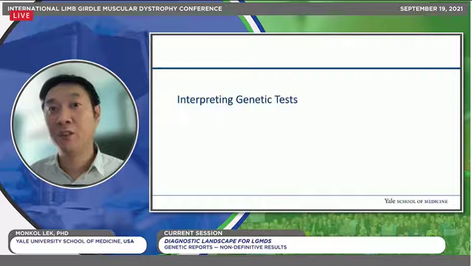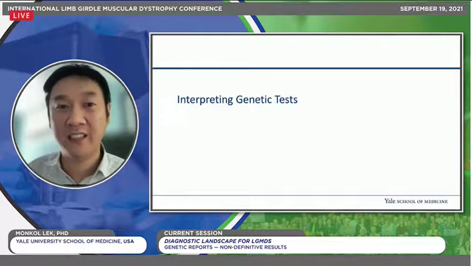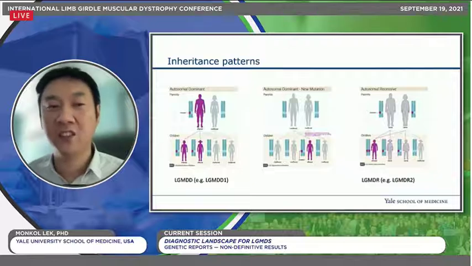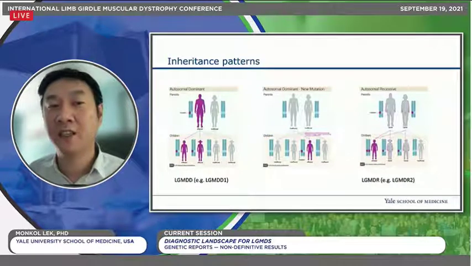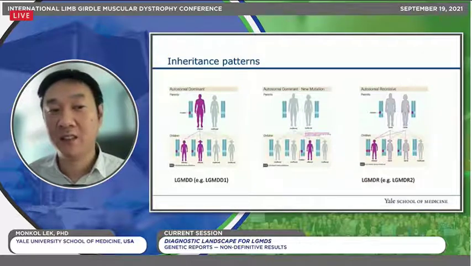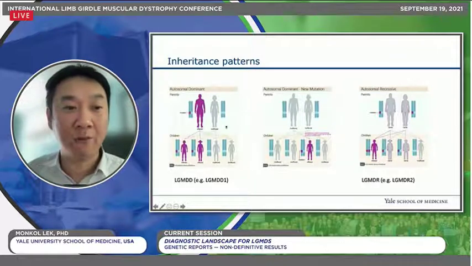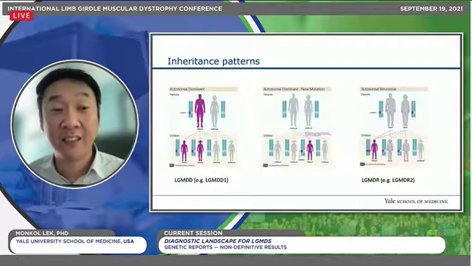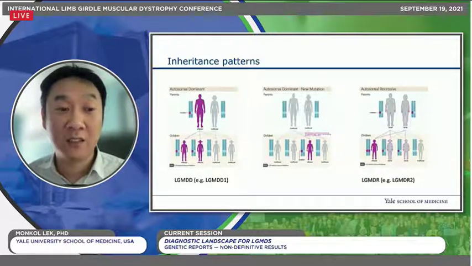Next I'm going to go into interpreting the genetic test itself. To understand the interpretation of genetic tests, we first need to understand the typical inheritance patterns we see in limb-girdle muscular dystrophy. One inheritance pattern is autosomal dominant. That is where one of your parents is a carrier and is affected by limb-girdle muscular dystrophy.